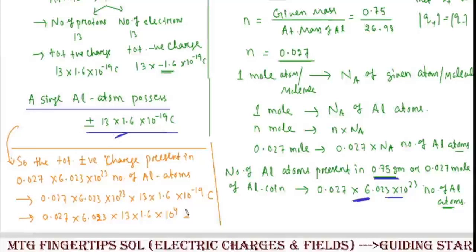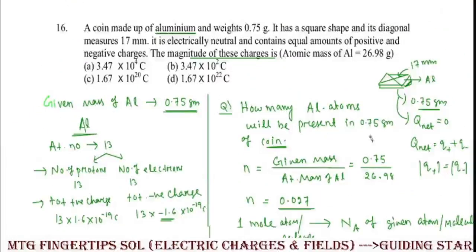So that value will come out to be approximately 3.4 into 10 to the power 4 coulombs. Clear? ये वैल्यू कितना आएगा? 3.4 into 10 to the power 4 coulomb यहाँ पे आपको रिजल्ट मिलेगा। Clear? So that means here in this particular case 3.4 into 10 to the power 4 यहाँ पे रहेगा। क्लियर? सो नॉट 10 to the 2, so option A will be the correct one.